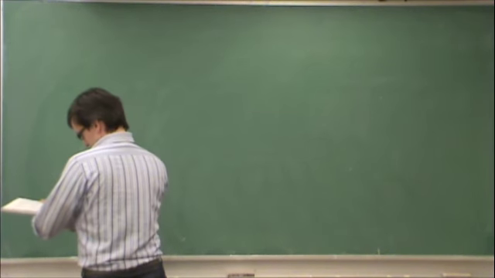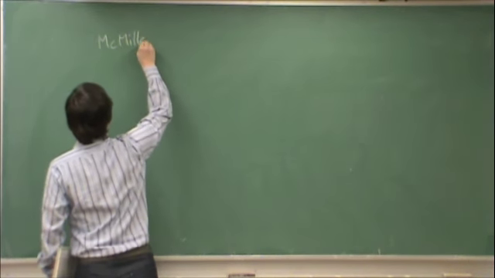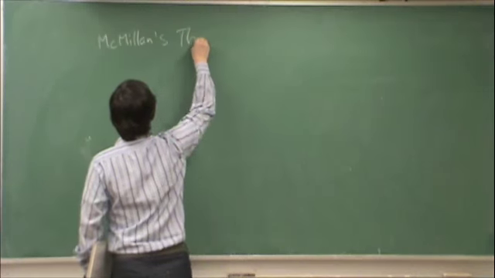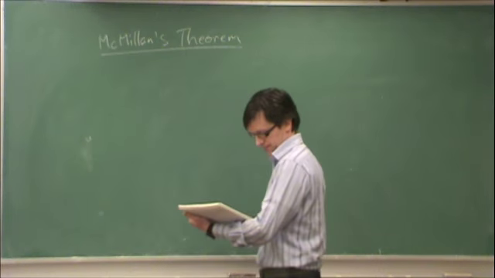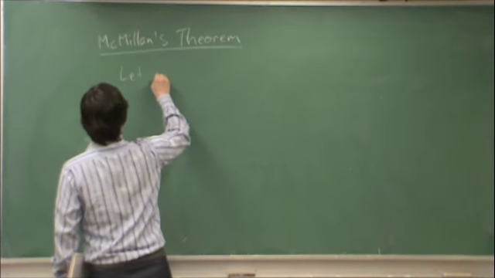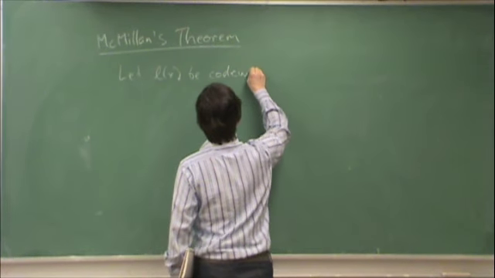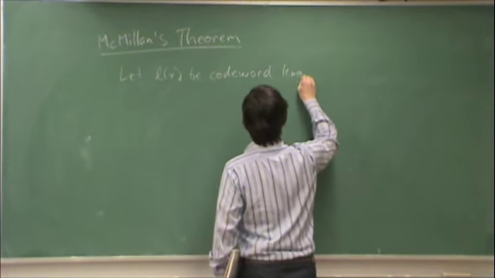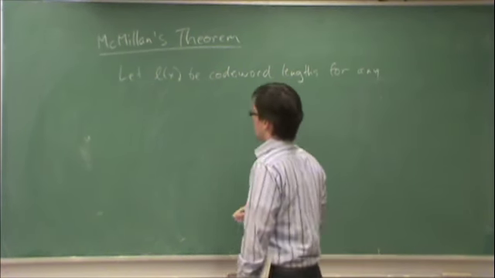This is called McMillan's theorem. Let L(x) be the code word lengths for any uniquely decodable code.